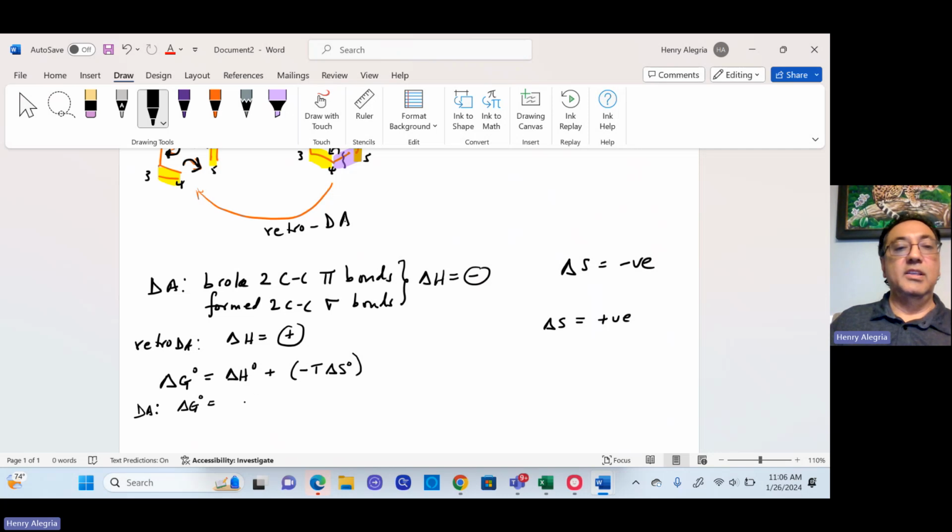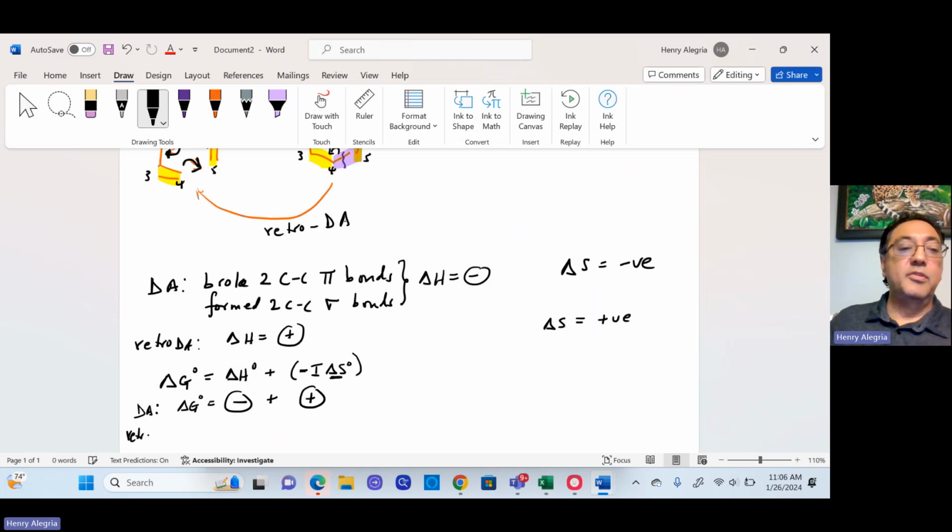The delta H we determined is negative, and the delta S is negative. If I have a negative delta S multiplied by a positive temperature, because that is in Kelvin scale, and I multiply by -1, then that will end up being positive. So that will be positive.